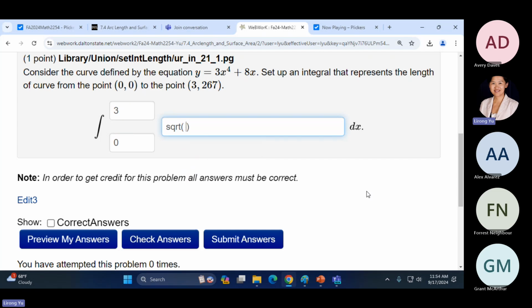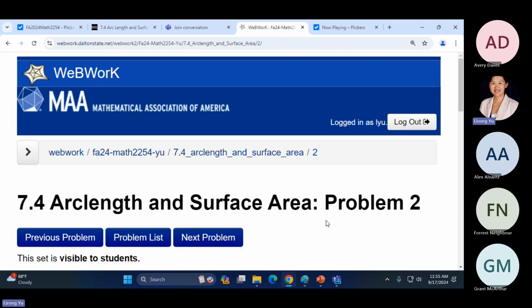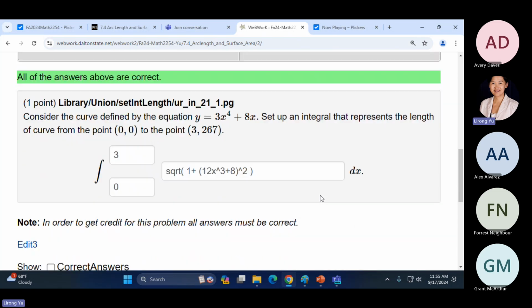Now, in the square root, we were supposed to do 1 plus the derivative squared. So make sure everything is entered properly. What's being squared should be the derivative function. So it's 12x to the power 3 plus 8, because the derivative of 8x is equal to 8. And let's get to the chart. Right. So let's submit it.